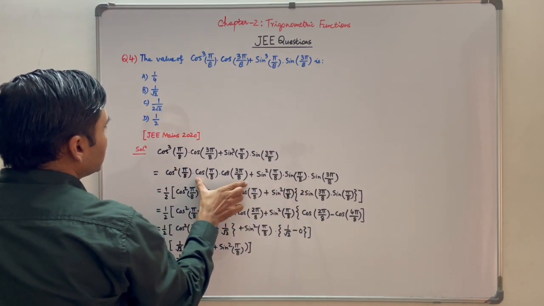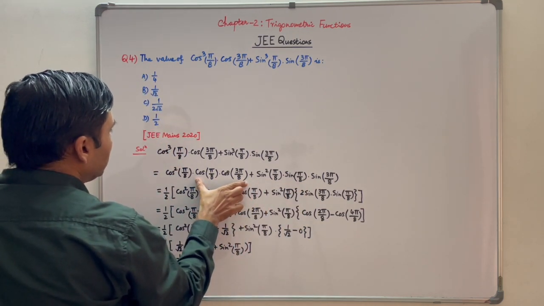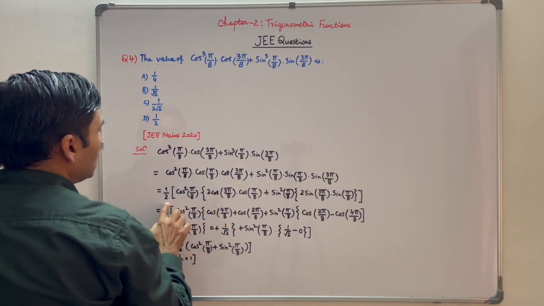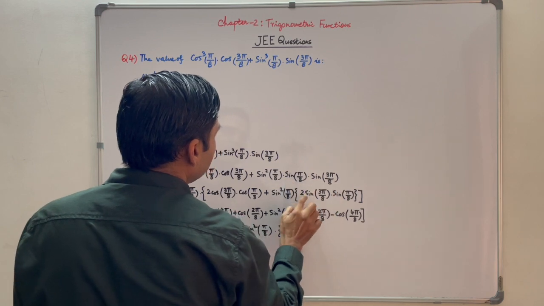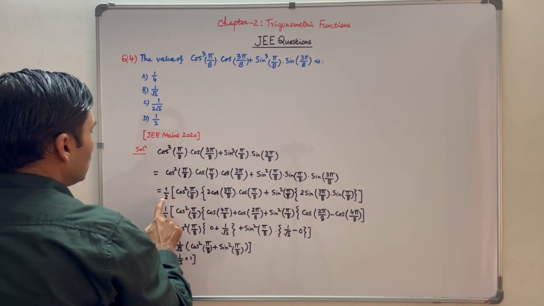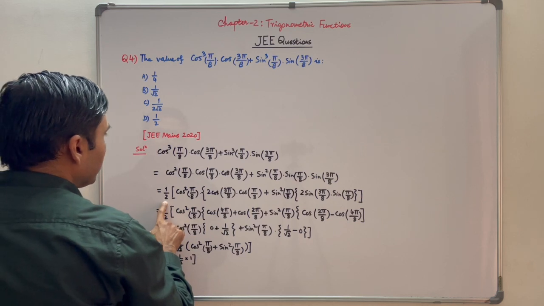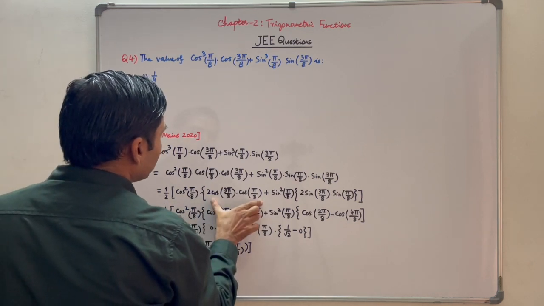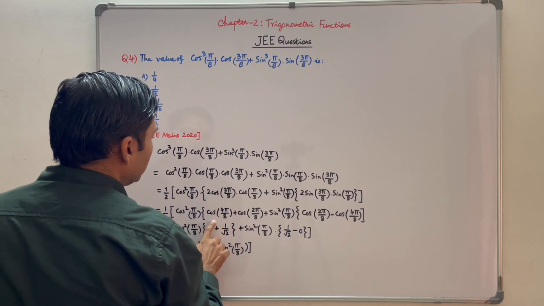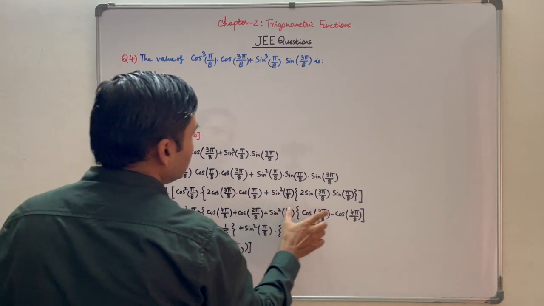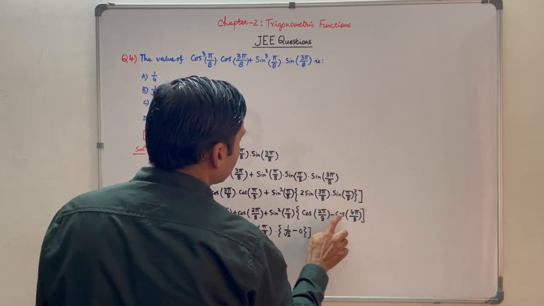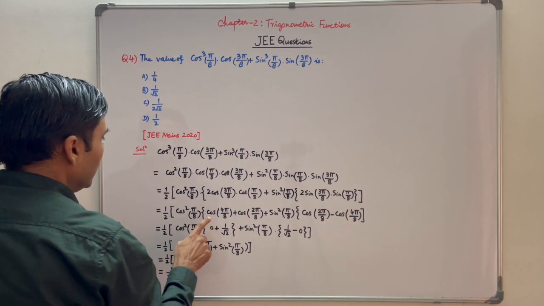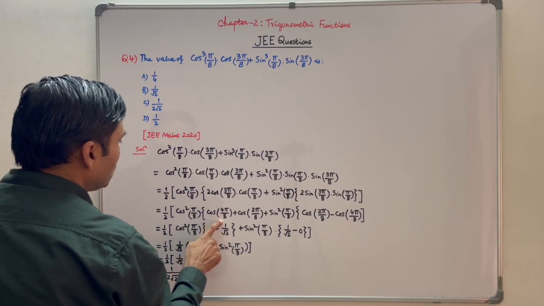Now, it can be written as 2 cos A cos B when we multiply by 2 and divide by 2. Similarly, this can be written as 2 sin A sin B if we multiply by 2 and divide by 2. So 1 by 2 is taken as common. Now it is 2 cos A cos B, which is equal to cos A plus B plus cos A minus B. And this is 2 sin A sin B, which means cos A minus B minus cos A plus B. Cos 4 pi by 8 is equal to cos pi by 2, which is equal to 0.